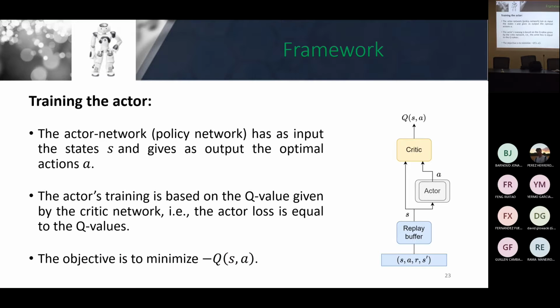For the actor, on the other side, the loss of the actor is based on the Q value evaluated by the critic. So it's like we are trying to maximize the Q value, but in our case, we try to minimize the negative value of the Q value in order to minimize a loss. It was more logical, let's say.